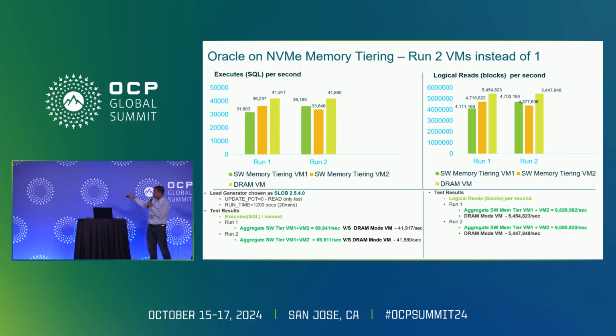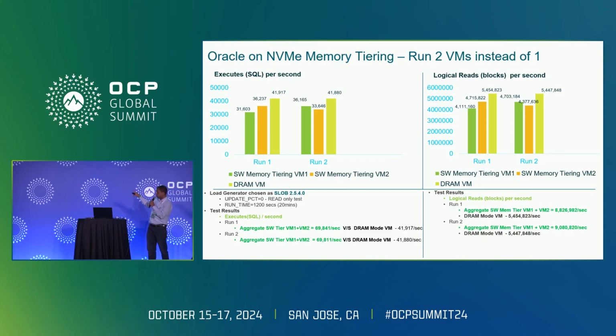So basically, it shows that there are two VMs which are doing software memory tiering, and a third VM which is a DRAM based VM, right? The point of this is, by adding this memory, you can add this extra VM and actually get a much higher aggregated performance with both the VMs. So NVMe, as you know, is far cheaper than DRAM, right?